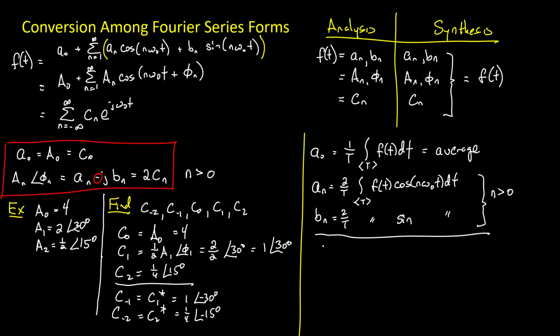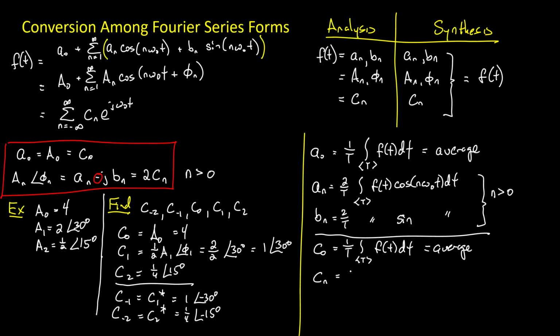The complex exponential Fourier series form says our c sub naught is equal to 1/T times that integral of f of t dt, which is, again, the average. This formula is the same as this formula, since our a sub naught is the same thing as our c sub naught.